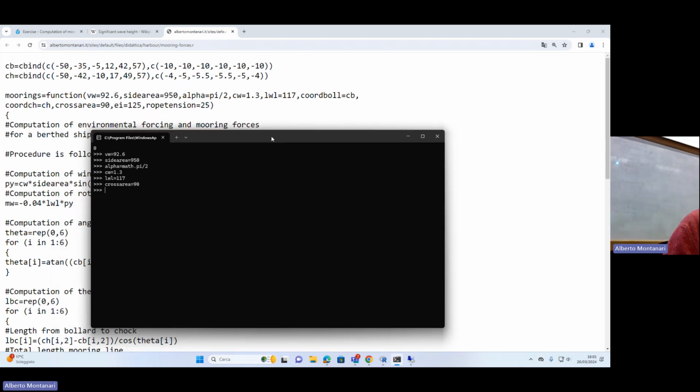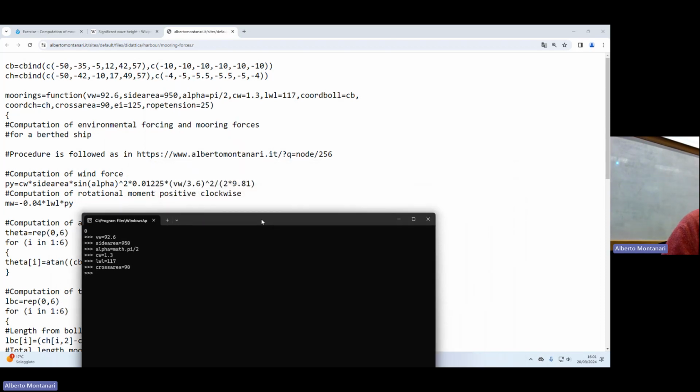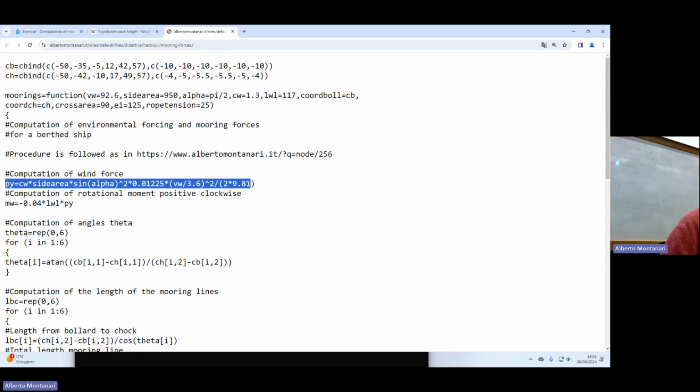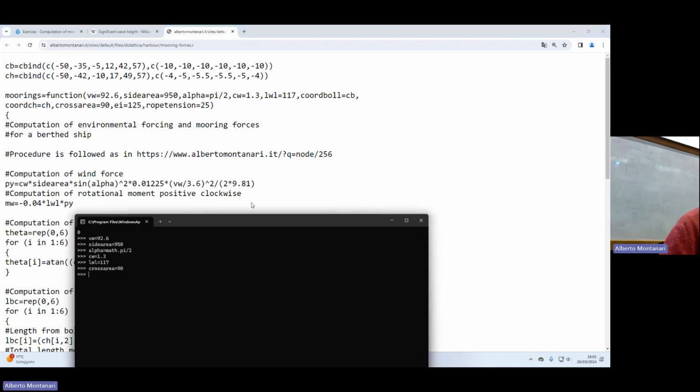And then I can compute it by using this formula here. Okay, so let's make PW equal to CW, which is defined, times side area times, okay, the sin, I think it is math.sin alpha. We have to try. I'm not sure the function is correct.